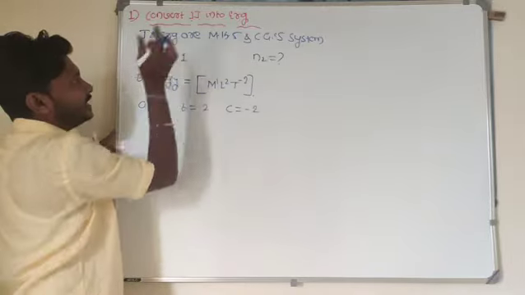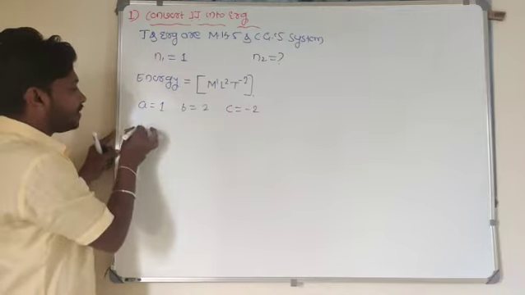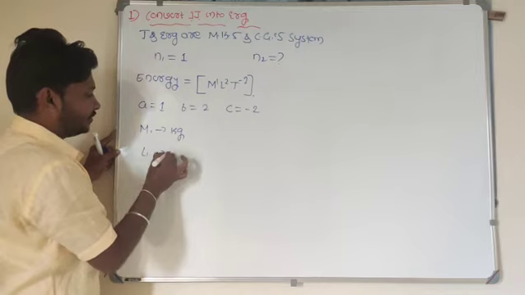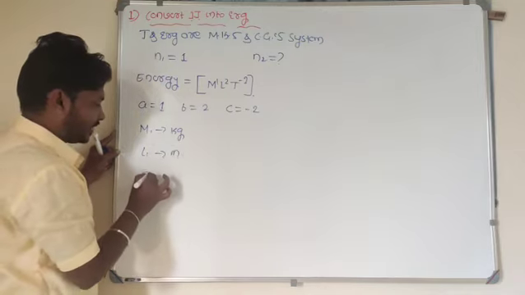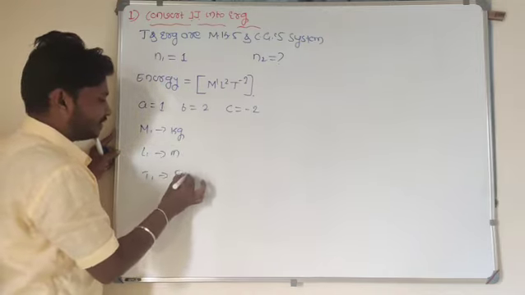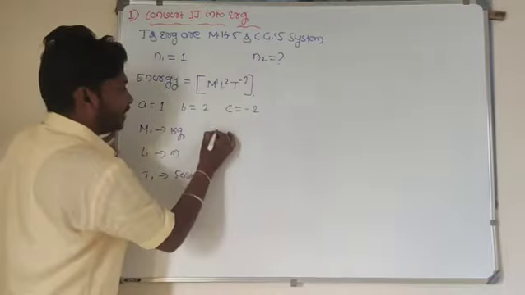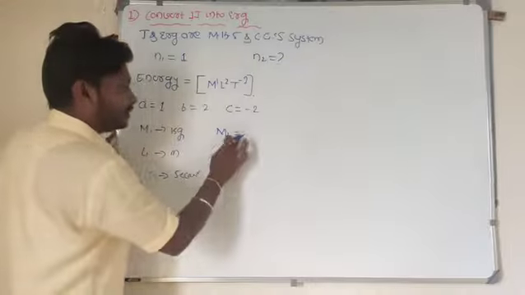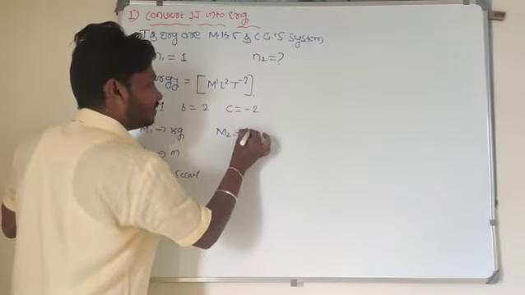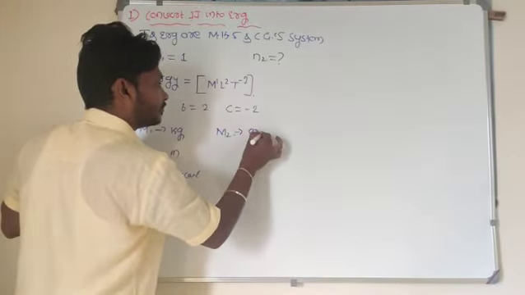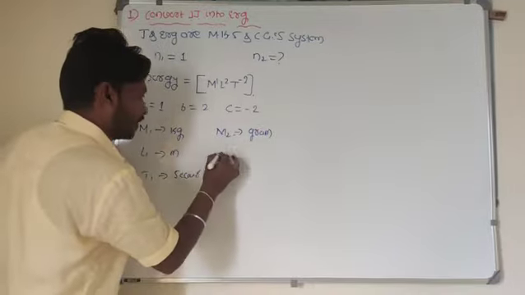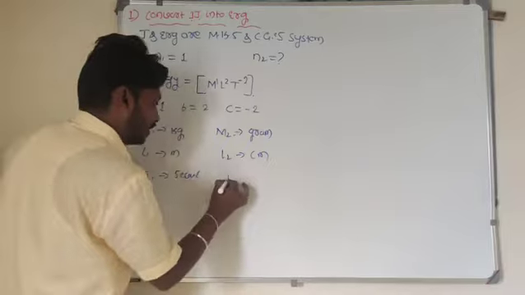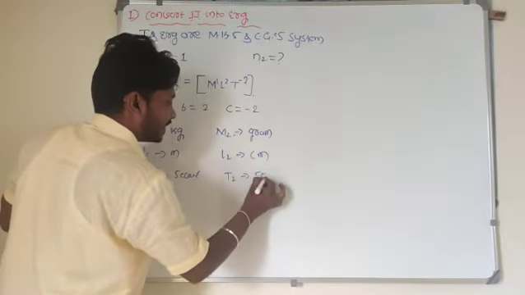I said that in case of MKS system, mass is measured in terms of kg, length in terms of meter, and time in terms of second. In case of CGS system, mass is in terms of gram, length in terms of centimeter and time in terms of second only.